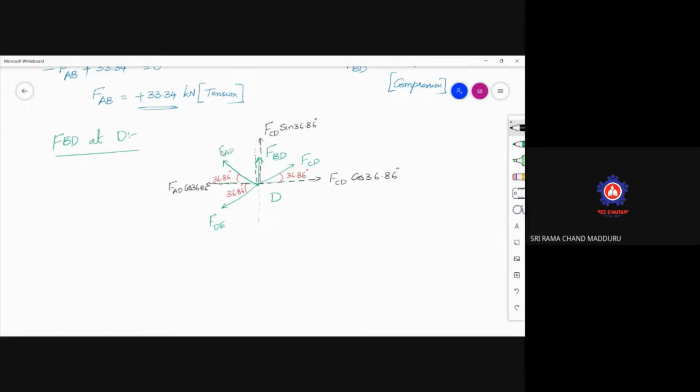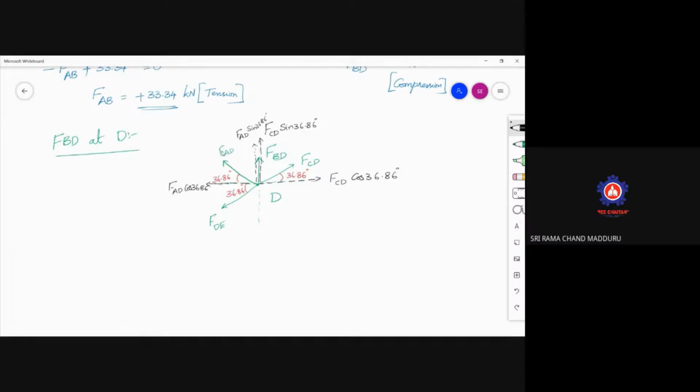That's it. I am not doing anything new. You might have studied in your diploma or intermediate or in the first year BTech. Only I am resolving the forces along x and y directions when acting on an inclined plane. So this is FAD sine 36.86.